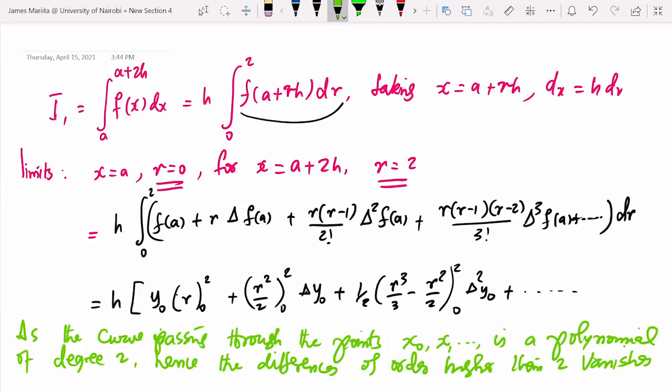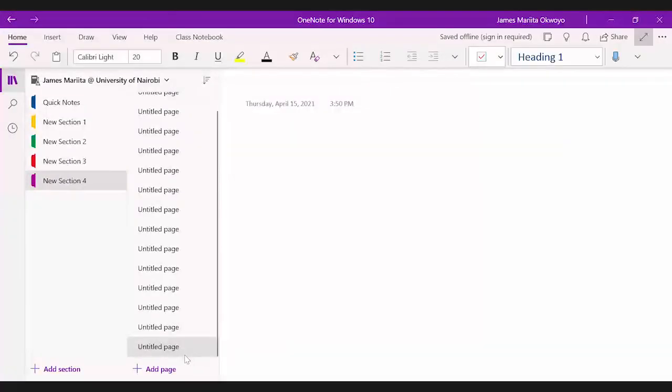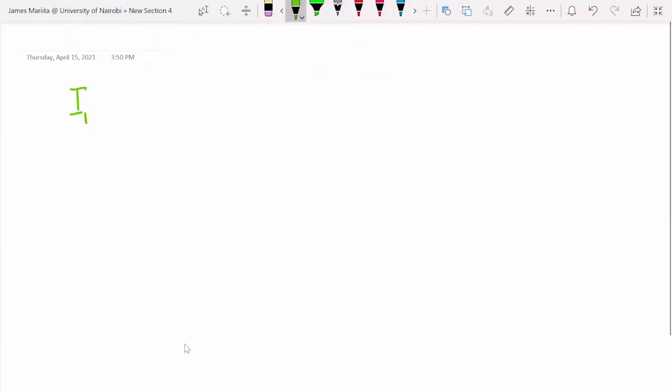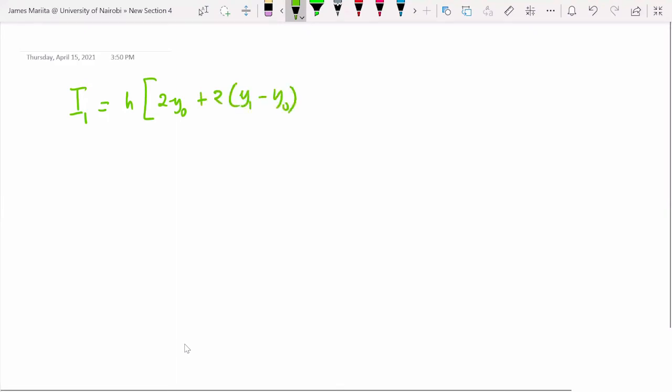The differences higher than order 2 will go to 0. And therefore I1 will be equal to h times (y1 minus y0 plus 1/3 of (y2 minus 2y1 plus y0), then plus 0, and so on.